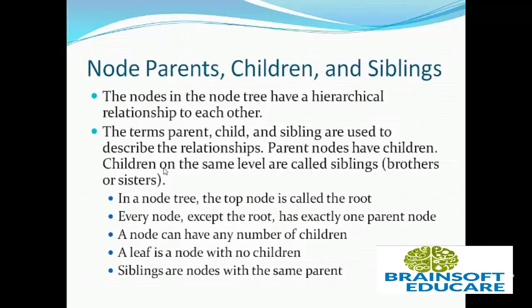Children on the same level are called siblings, brothers or sisters. In a node tree, the top node is called the root. Every node except the root has exactly one parent node. A node can have any number of children. A leaf node is a node with no children. Siblings are nodes with the same parent. So this is about parents, children and siblings.